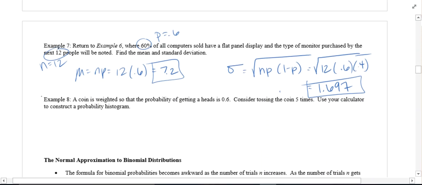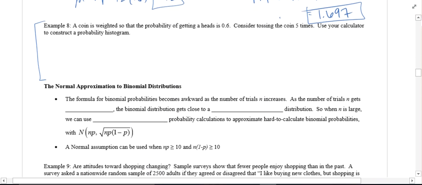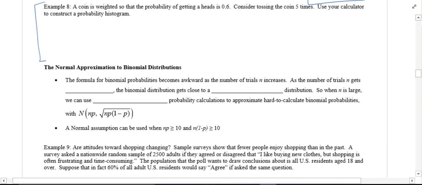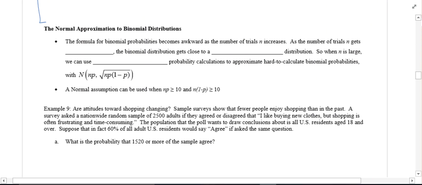We're going to skip example 8 for right now because it's a little bit hard to do without me showing you what to do on the calculator. Okay, so something that happens is the normal approximation to a binomial distribution. As our n gets really large, then it starts to follow a normal distribution. The formula for binomial probabilities becomes awkward when the number of trials n increases.